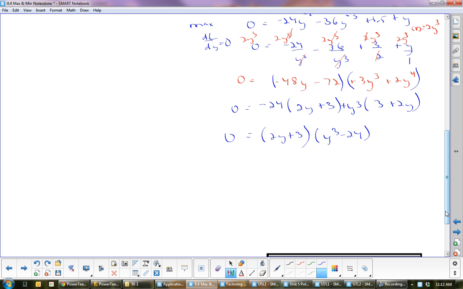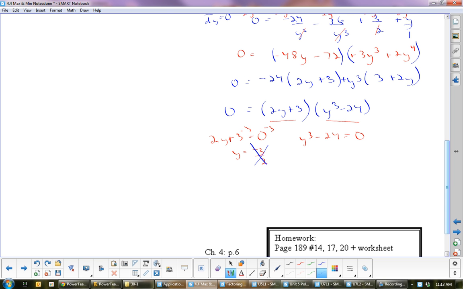Now I can solve them as two different things. I can say 2y plus 3 has to equal 0, and or y cubed minus 24 has to equal 0. So you're going to minus 3 and divide by 2. y should equal negative 3 over 2. Okay, that's not a possibility because it can't be negative.